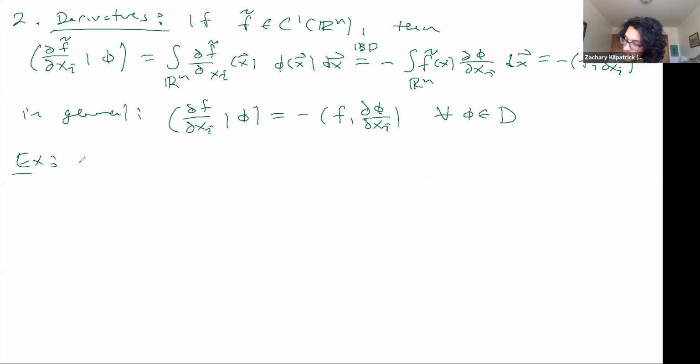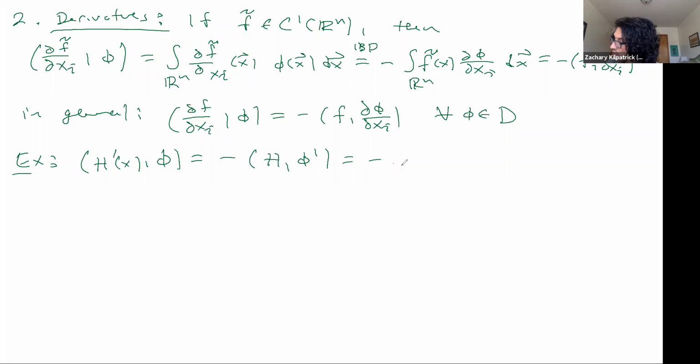So for example, we could do this with h of x, right? It's actually not even a continuous function. But once we wrap this in an integral, we don't even need this condition of having once continuous derivatives. So if I differentiate my Heaviside function, what does that even mean? Well, that's going to be equal to, in the sense of distributions, minus the Heaviside distribution taken against phi prime.